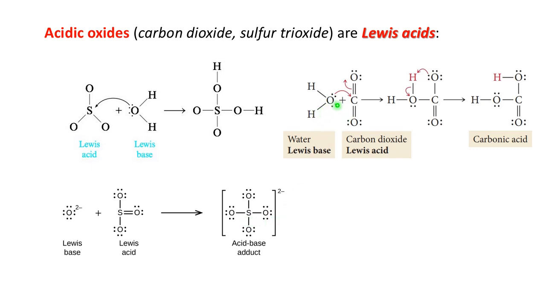One more example: a water molecule reacts with carbon dioxide, a linear molecule. So the lone pair attacks carbon, and the double bond shifts onto one of the oxygens, so it can accept hydrogen.